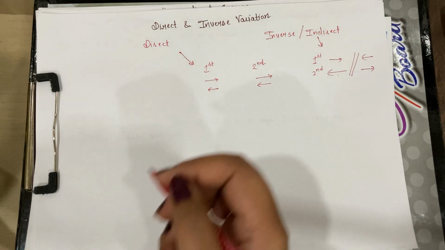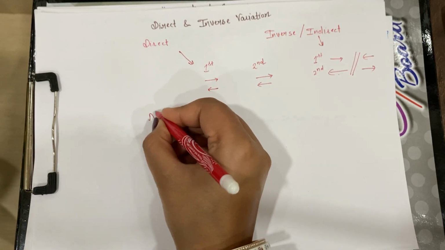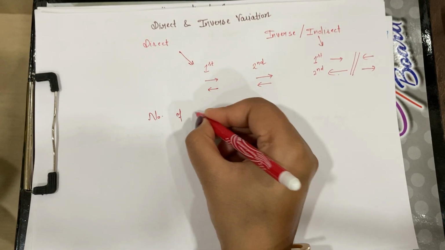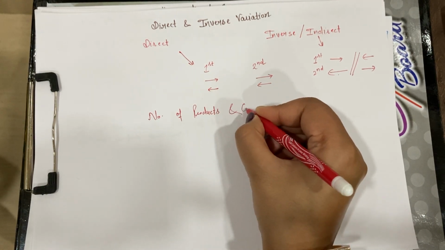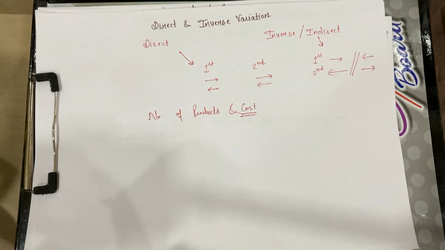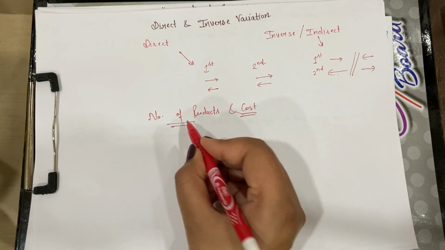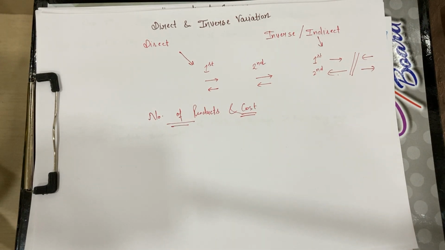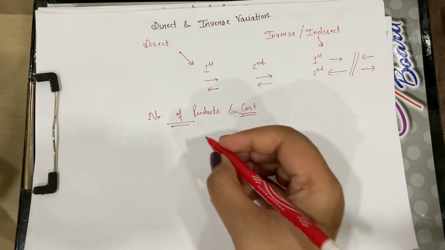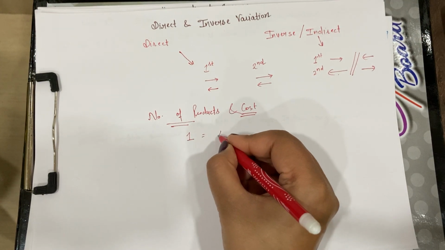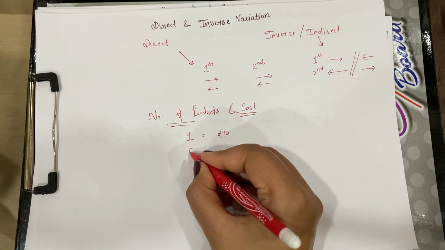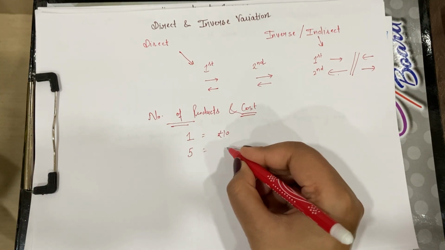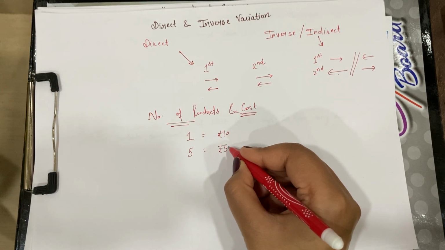For example, when we talk about number of articles and cost, here two variables are there. The first is number of products and second is cost. For example, if I buy one pen and that costs rupees 10, and if I purchase 5 pens, then the cost will be 50.